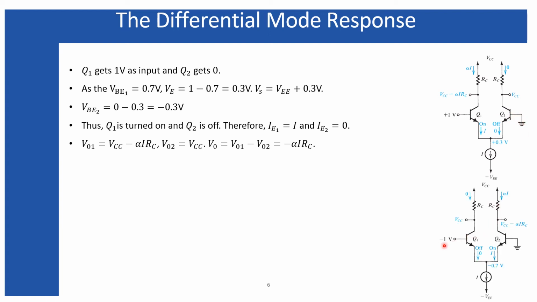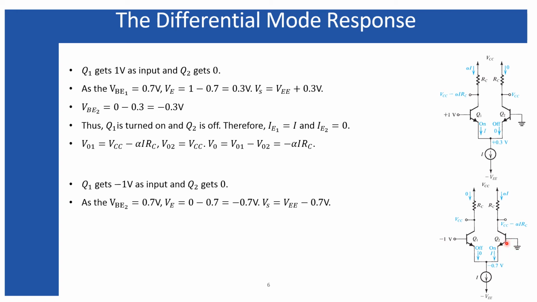Next, consider when you apply some negative voltage to the base of the transistor Q1 as an input voltage. Now Q1 gets minus 1 volt, so Q1 will be turned off. And since Q2 has 0 volt at its base, which is at a higher potential than minus 1 volt, Q2 is going to be turned on.